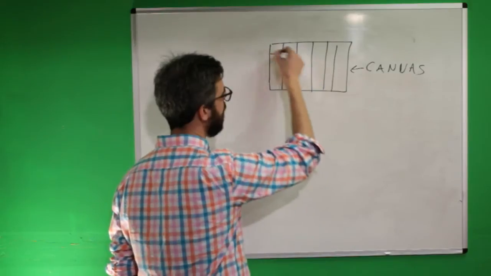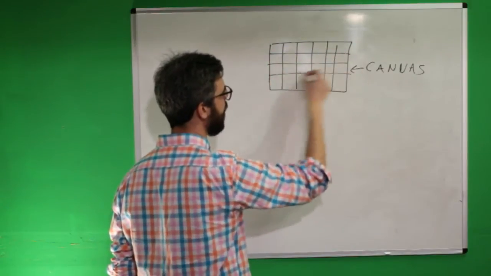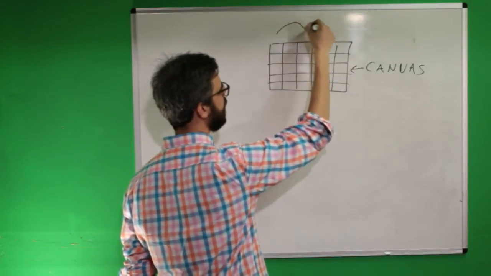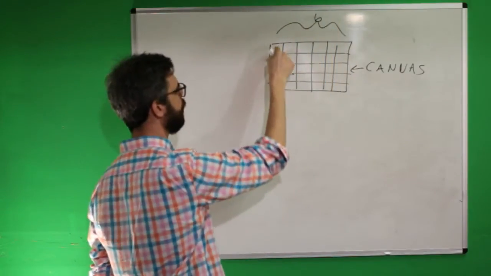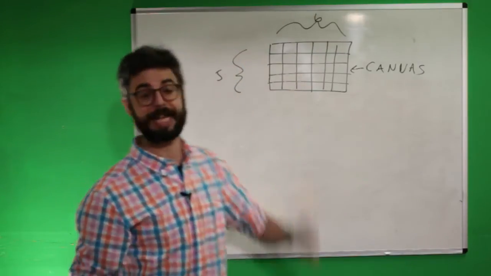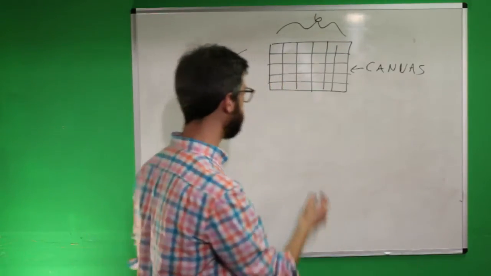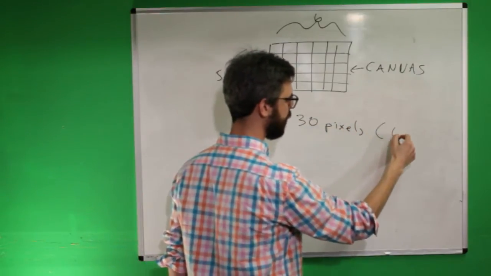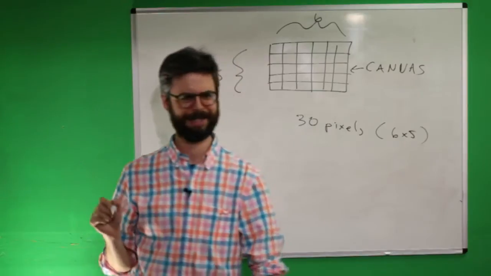So we can make a simplified, low resolution one: 1, 2, 3, 4, 5, 6. This has a width of 6, and 1, 2, 3, 4, 5, a height of 5. So I now have an image that's 6 by 5, meaning there are 30 pixels total, or 6 times 5. I hope I did the math right.